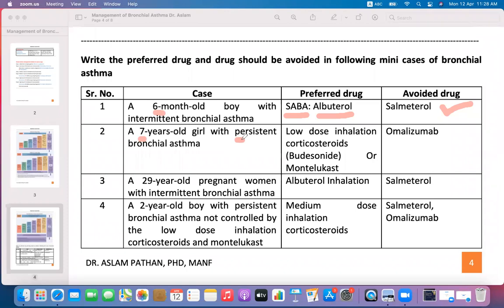As we discussed in step 2, the preferred drug is low dose inhalational corticosteroids, budesonide, or alternative is montelukast, which is a leukotriene receptor antagonist. Avoid the drug omalizumab, which is a monoclonal antibody. You can also write salmeterol as the avoided drug, or we can say long-acting beta agonist.